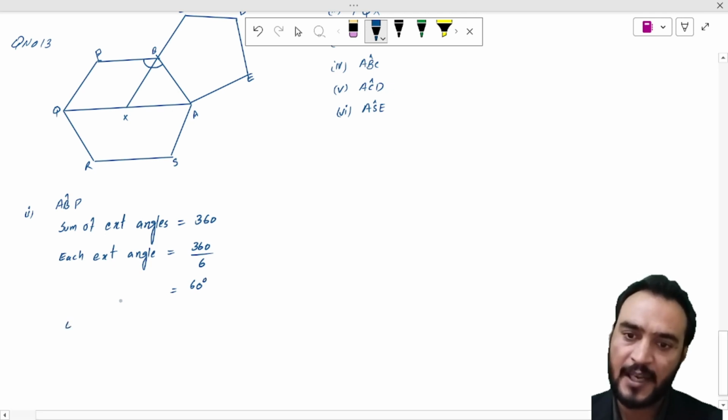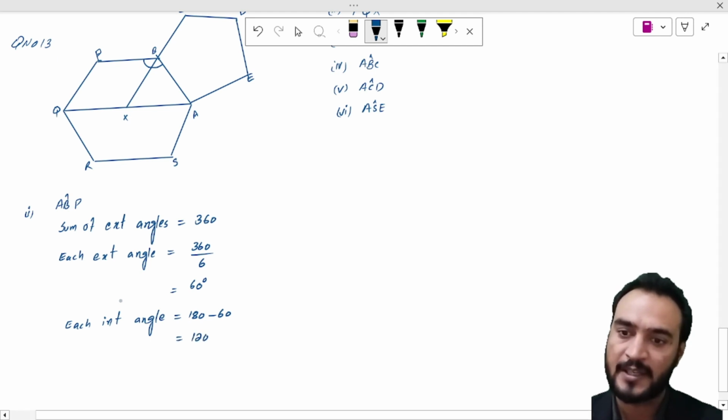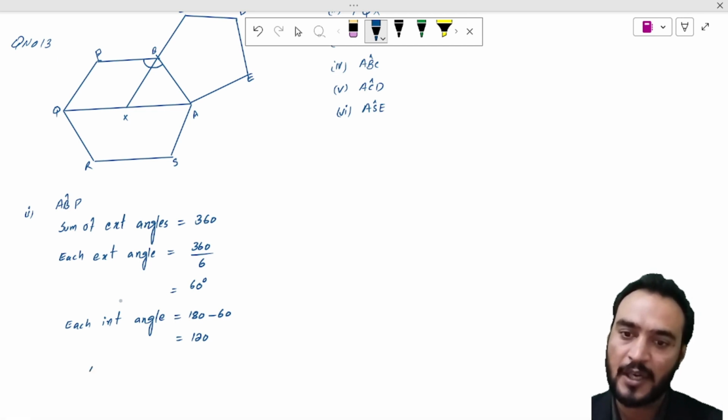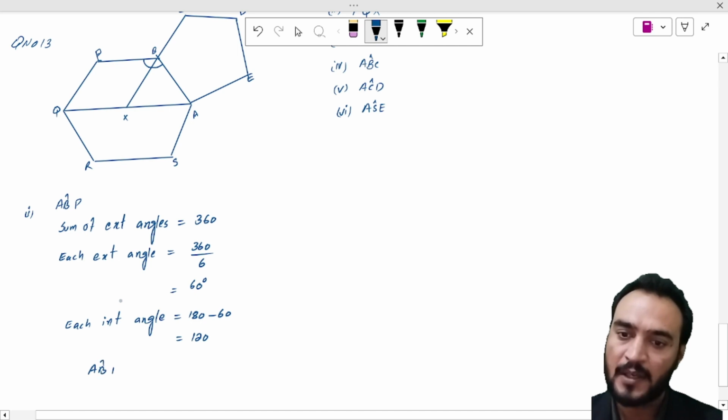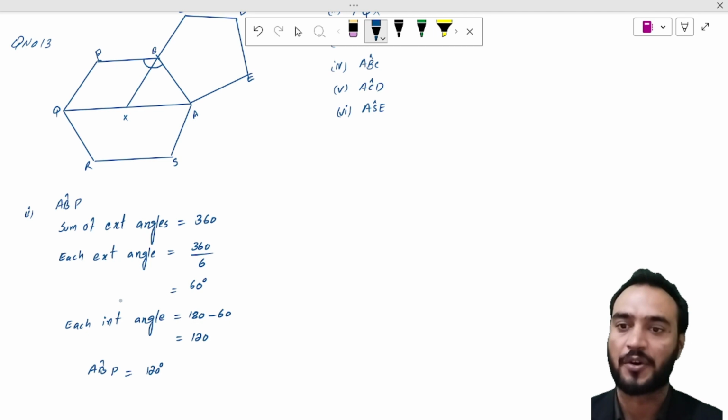Now each interior angle of the hexagon is 180 minus 60, we subtract the exterior angle from 180, and this becomes 120 degrees. As ABP is an interior angle, ABP is equal to 120 degrees. Not only ABP, but each interior angle of this hexagon is 120 degrees.